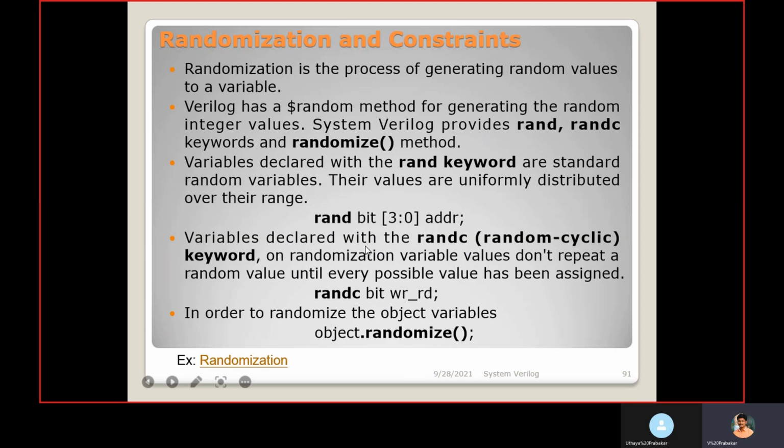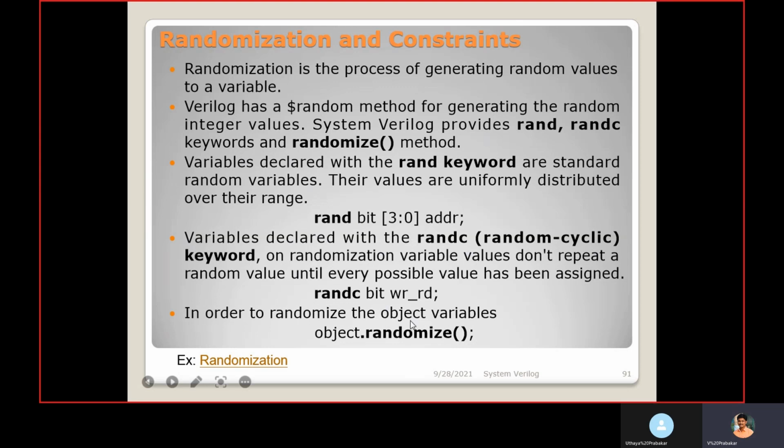For example, if you declare the address with randc, you will get all the possibilities from 0 to 15. Only then will the repetition happen, once all the possible values are assigned. That is the difference between rand and randc.